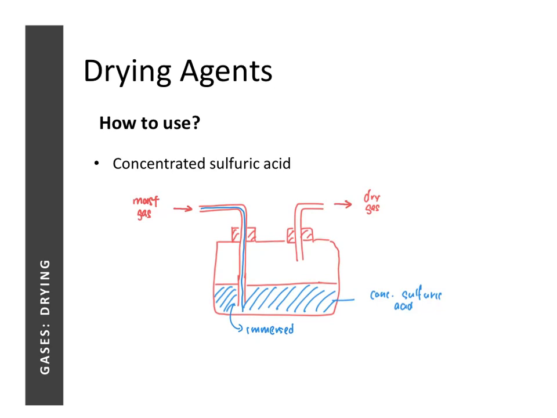And the delivery tube that carries the gas out of the chamber need not be immersed. So the orientation of the delivery tubes is important in the setup for the use of concentrated sulfuric acid.